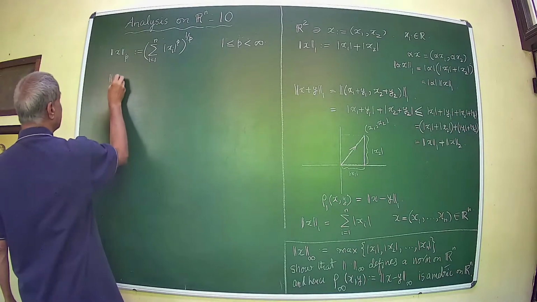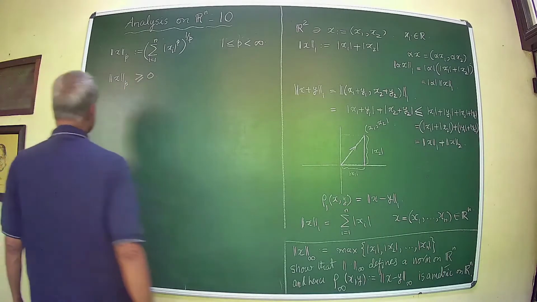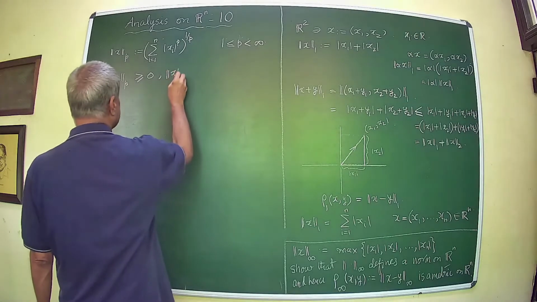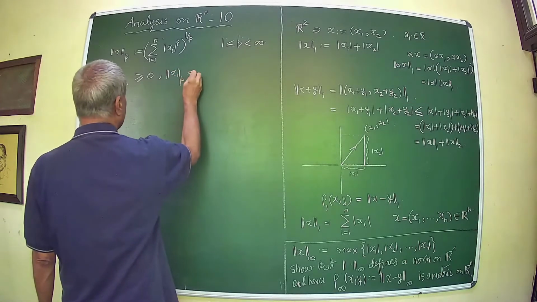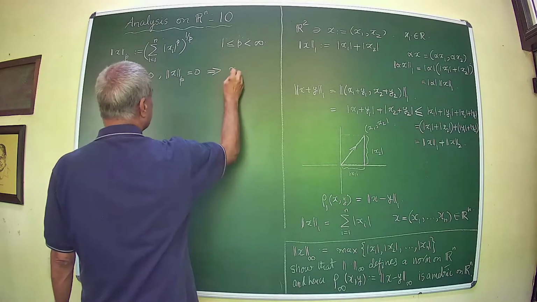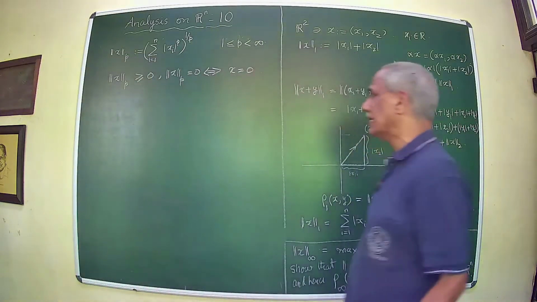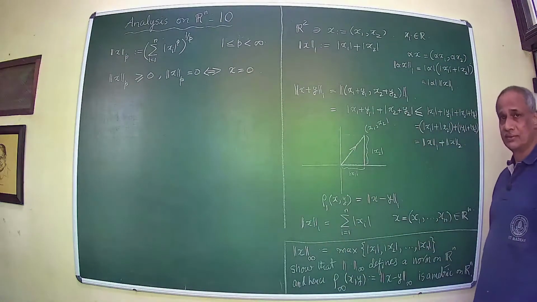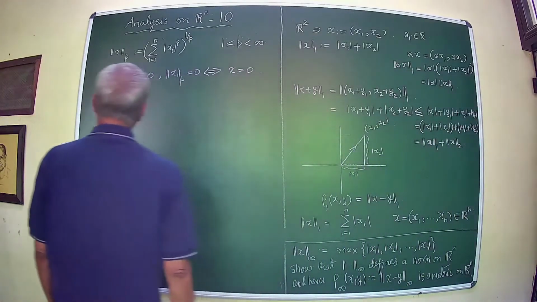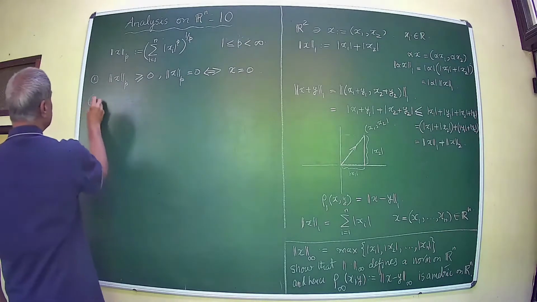You will have to prove this. That's pretty simple. And norm of x p equal to 0 if and only if x is 0, and vice versa. That is pretty straightforward. There is no difficulty at all, just from the definition it follows. So this is okay. 2, this is also okay.